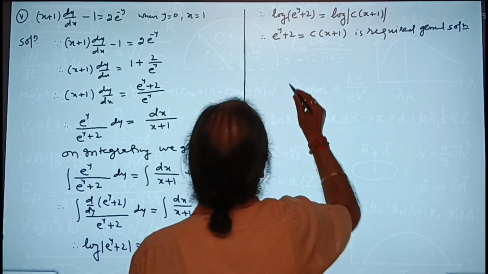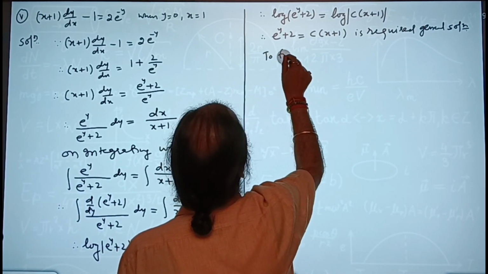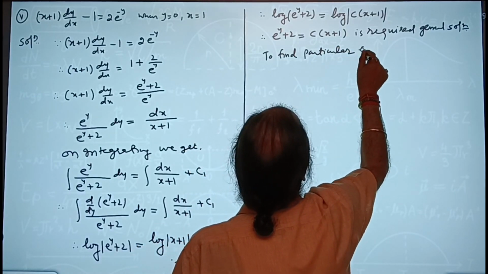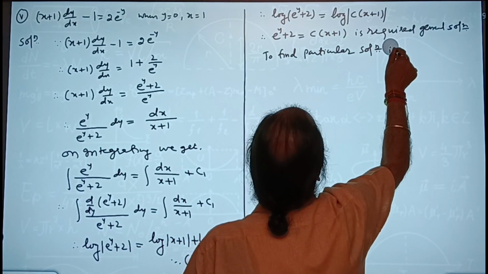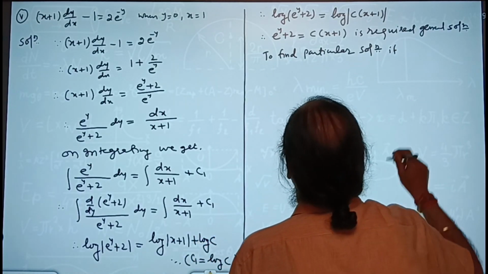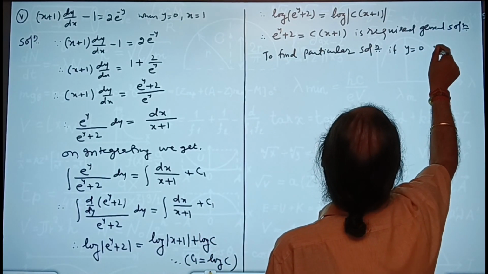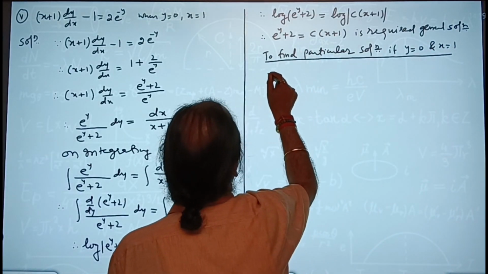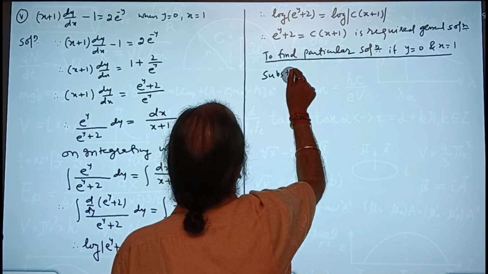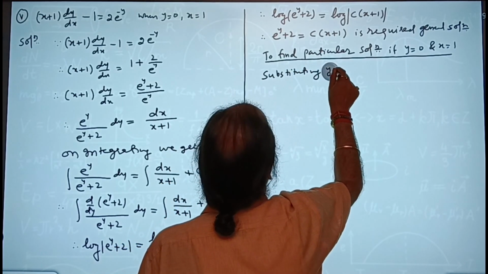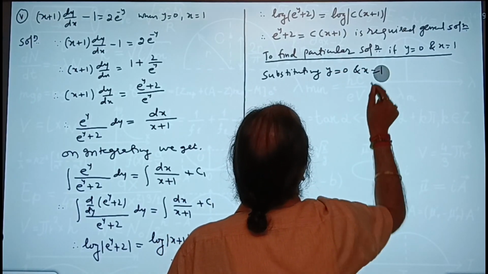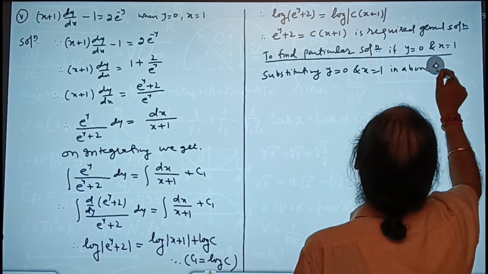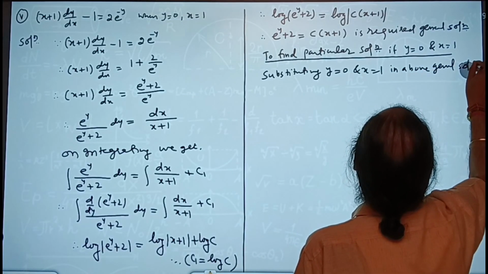To find the particular solution if y is 0, x is 1. Substituting y is equal to 0 and x is equal to 1 in the above general solution.